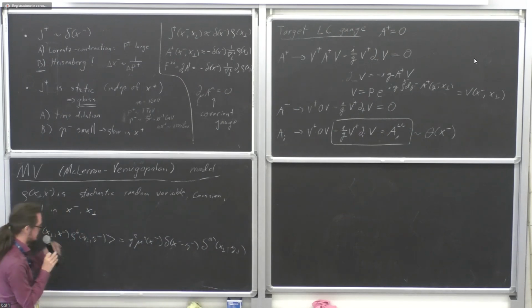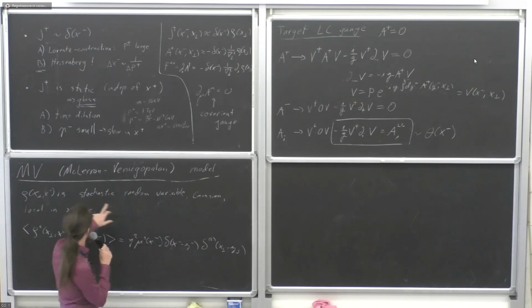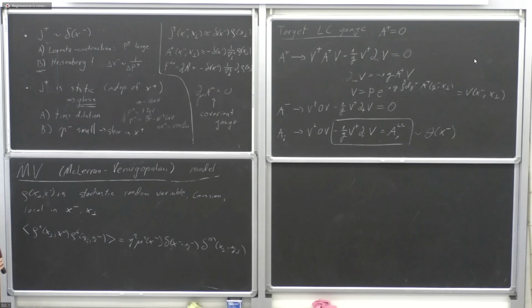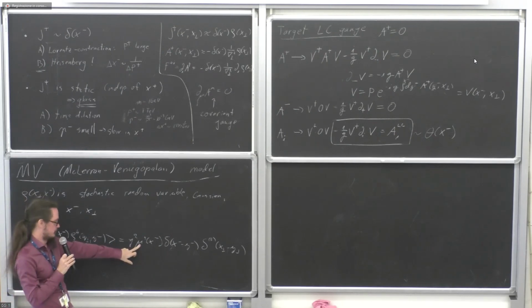So these delta functions are local in x minus, local in x perp, and then there's some unknown function mu squared.